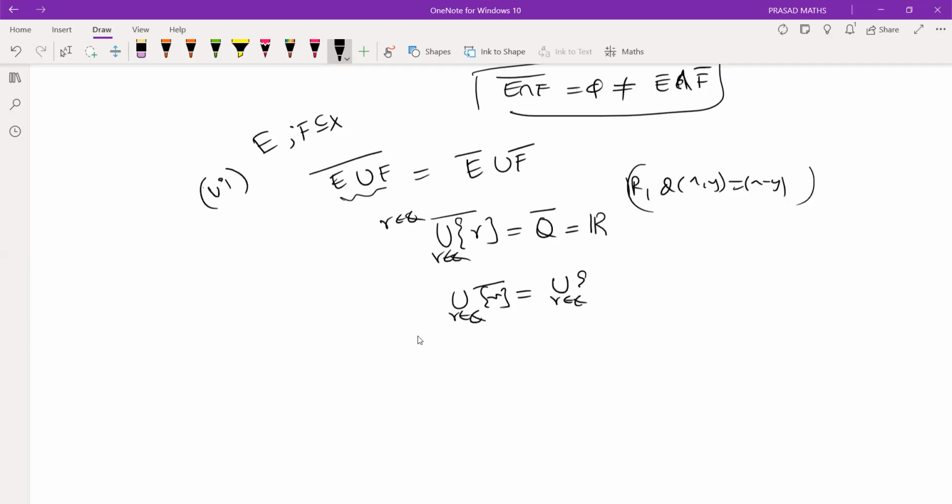Singleton {r} closure is itself, because singleton {r} is a closed set, being a finite set. You know that a finite set is always closed, and the closure of a closed set is always itself. But the union of singletons over Q is nothing but Q itself. You know that these both are not the same. Therefore, this union property can be true for only finite collections, need not be true for infinite collections, meaning arbitrary collections.